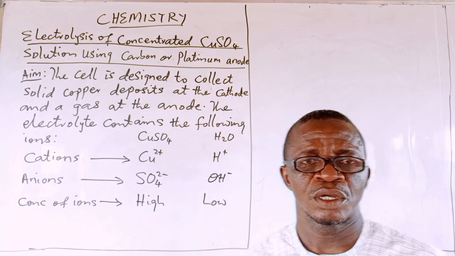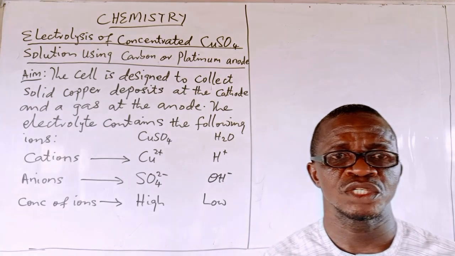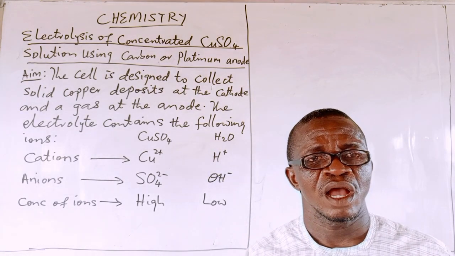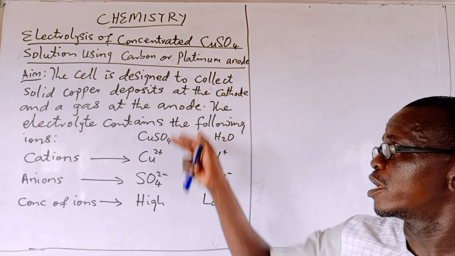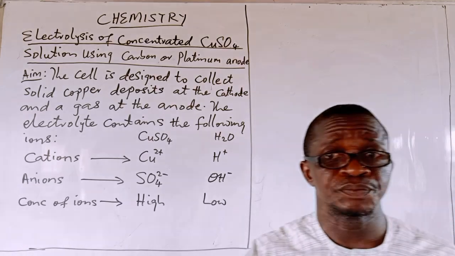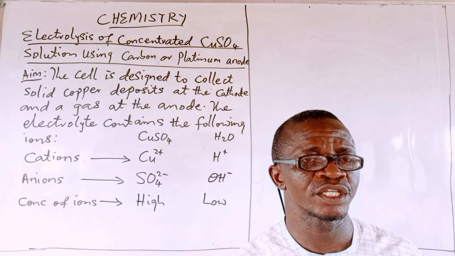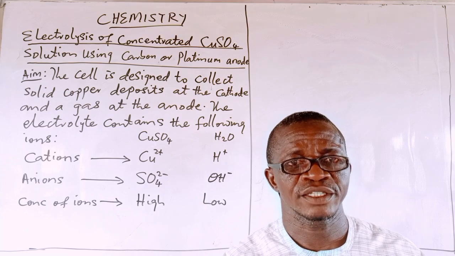Know which one is of higher concentration and which one is of lower concentration. Also check the nature of the electrode. Here they have told you carbon or platinum. They are the electrodes that we are using in this case. They are inert electrodes. They are not reactive.